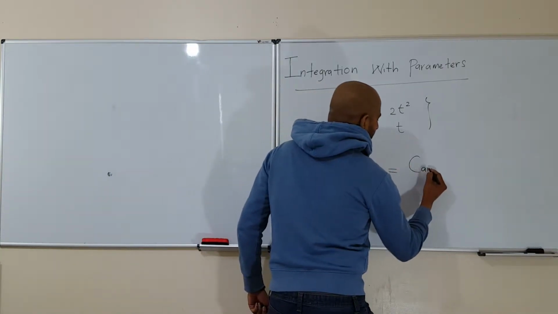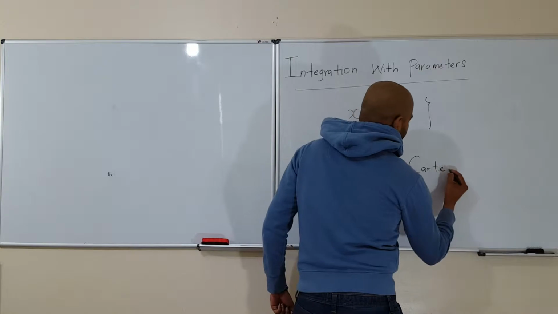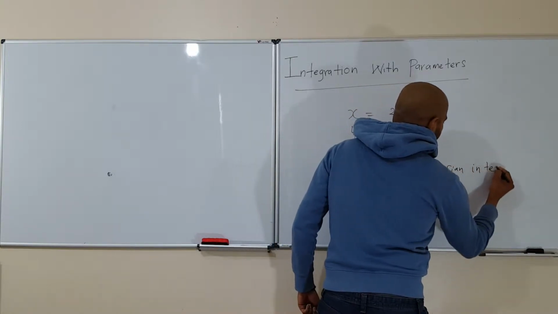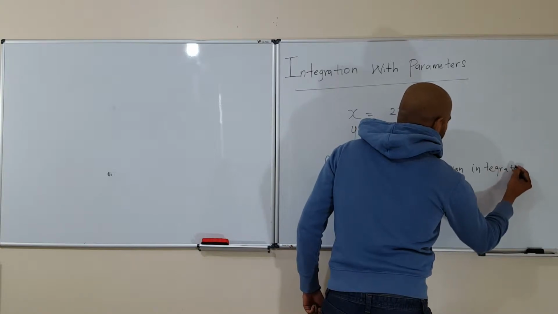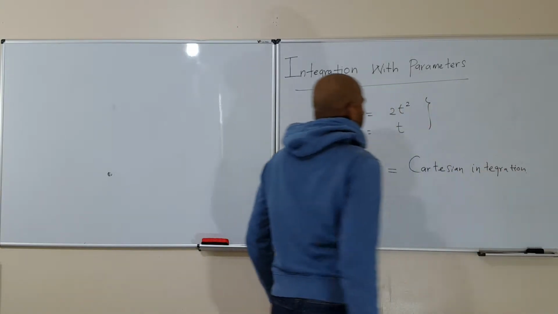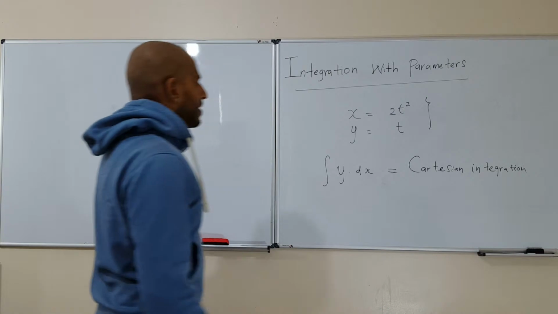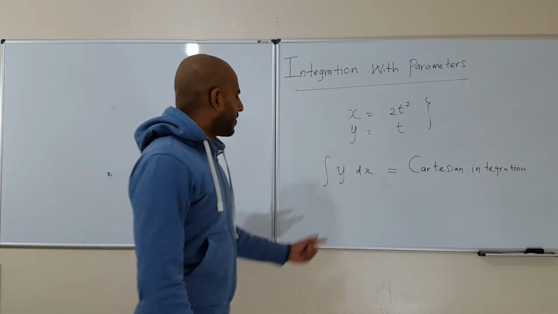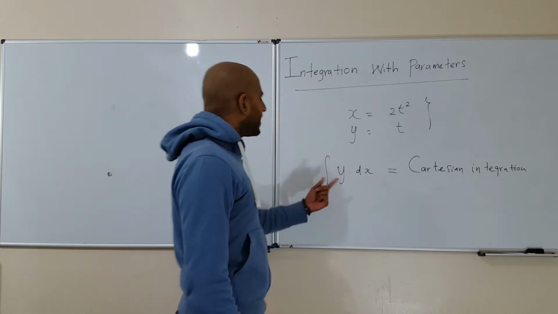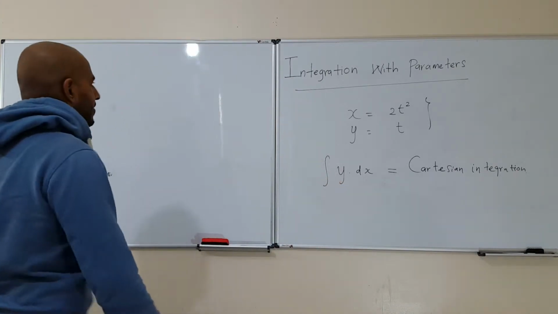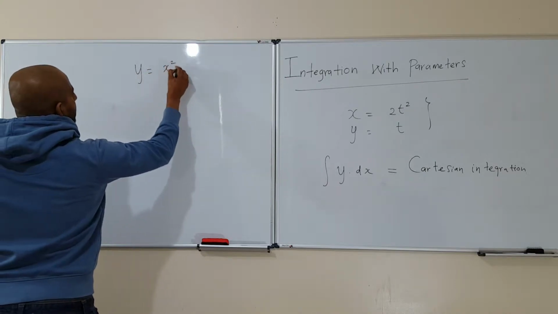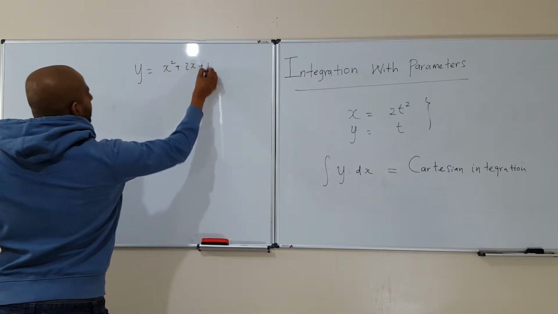That's the Cartesian integration form, meaning in terms of x and y. Now you might be wondering, what is this y? It is like saying, for example, let's say we had y equals x squared plus 2x plus 1.